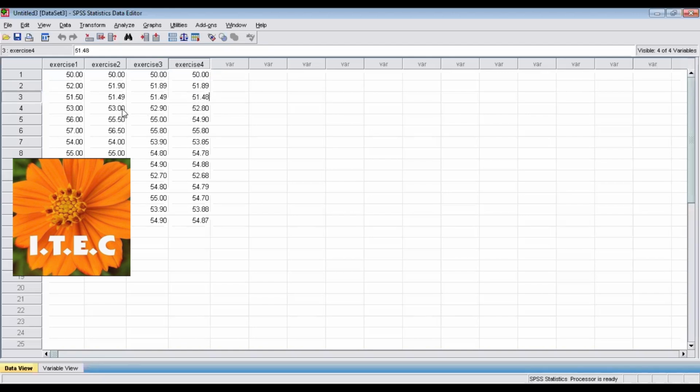Suppose here is 53, here is 2 point, say 98. 50, here it is say 55.98.